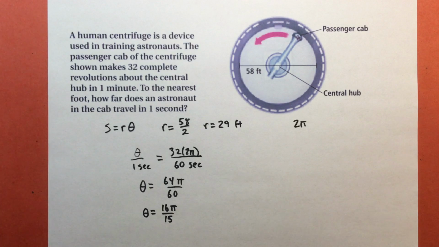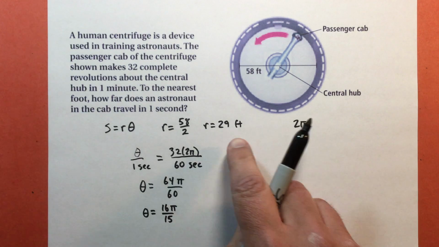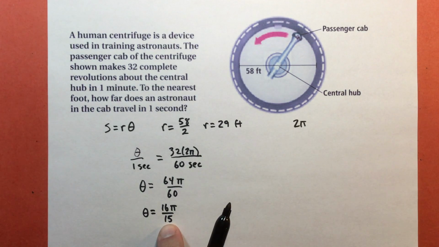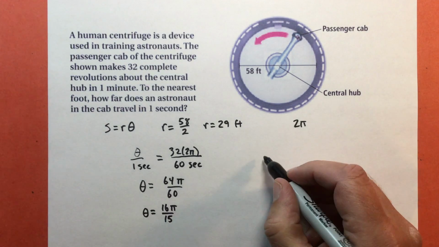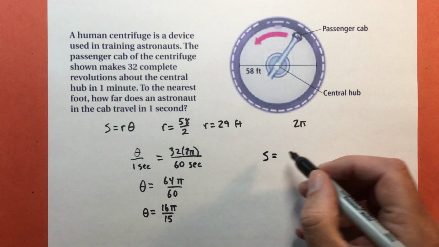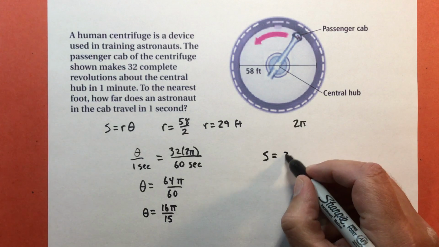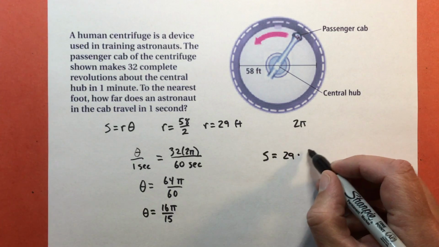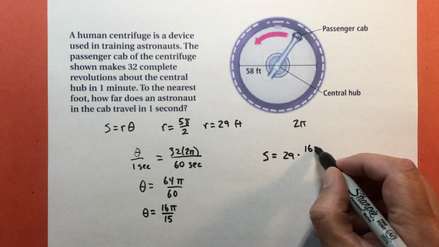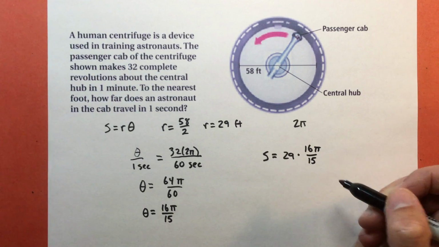Okay, so I know what the radius is. I know what the angle is that I'm going to travel in 1 second. Now I need to put it together to find out what the arc length is going to be. So my arc length is going to be the radius 29 times 16 pi over 15.